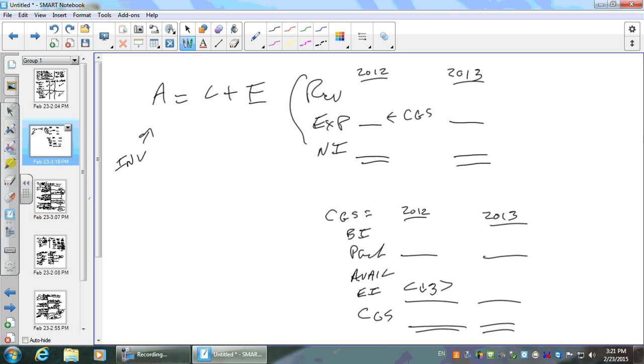If I say nothing about the beginning, it must be okay, the purchases must be okay, the available must be okay. So the ending inventory here is too low by 3. What do you bet in 2012, and then we'll do 2013, what do you bet the inventory is too low by 3 here? I got one of the answers. Assets are understated by 3. It's true, I just gave it to you.